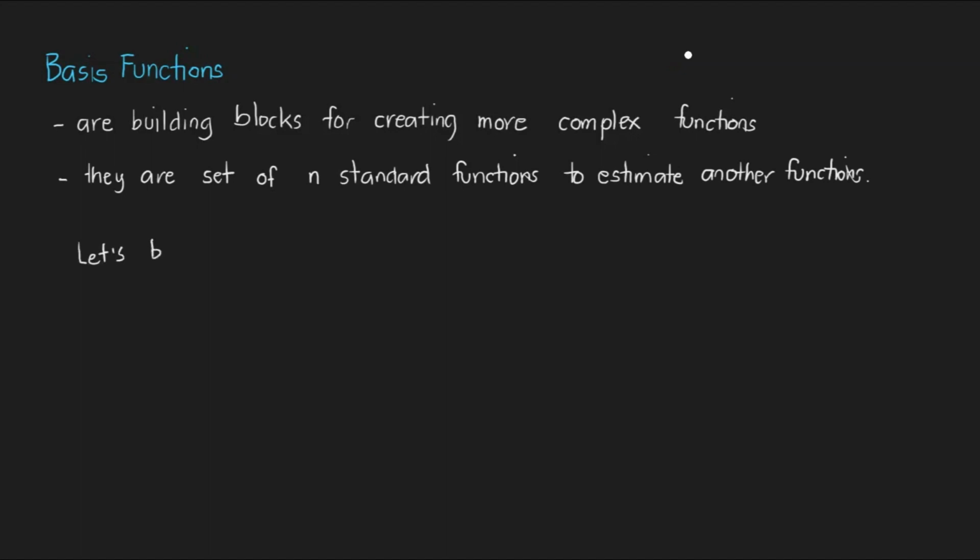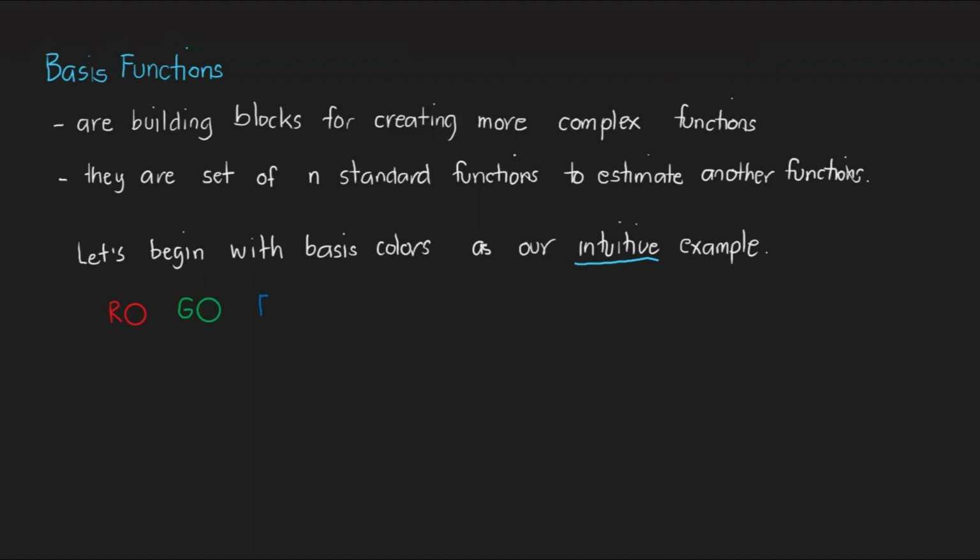So let's begin with the basis colors as our intuitive example. These are the colors red, green, and blue. Now guys, to create more colors, we need to have combinations of these three basis colors.